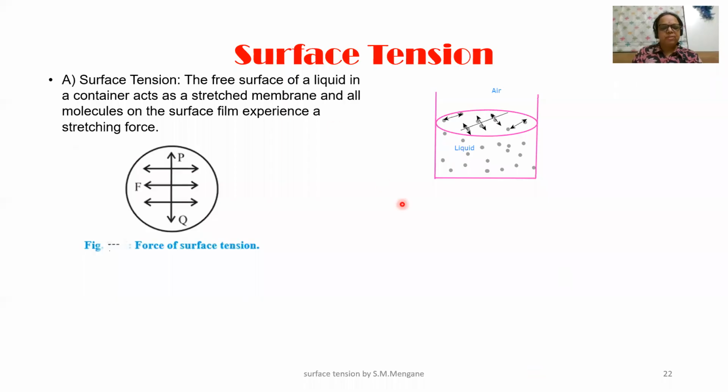To explain surface tension, consider a container filled with liquid. This is the free surface of the liquid. Molecules below it are liquid molecules, above it are air molecules.